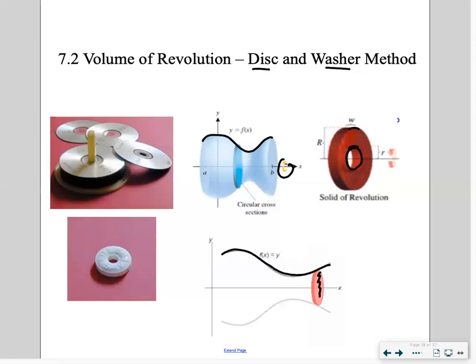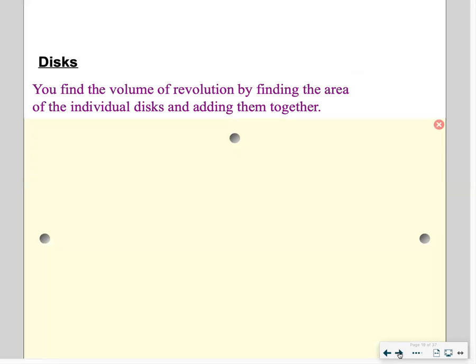Okay. There are formulas for each of these. So let's start with disk. This is the part I think you want to start getting in your notes. So I'll give you what disk means or what it is, and then I'll give you a formula.